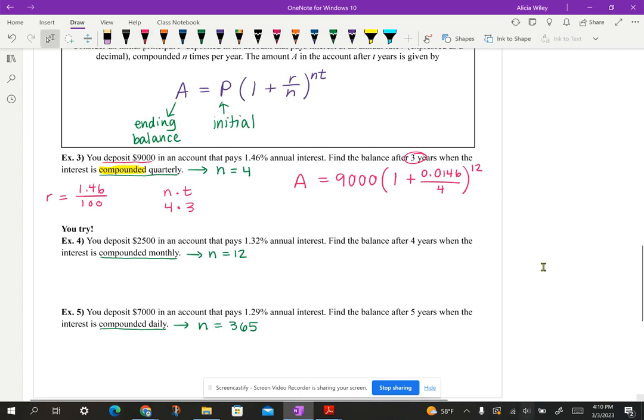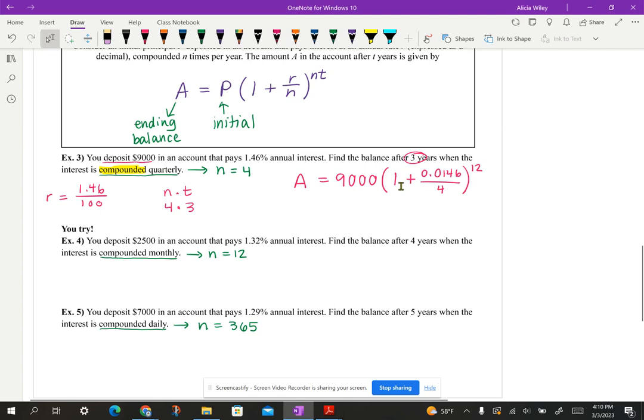So doing this in the calculator, get your calculator ready because I'm going to tell you the order that you should do this in. And what you want to do is you want to do the whole thing in your calculator and you do not clear it out. So you don't put this in and then clear it and then do the next calculation. Just keep the number in there and keep doing more calculations on top of the next one. So for this problem here, you're going to do 0.0146 divided by 4 first. So do that first. Okay. Take that number. Don't clear out your calculator.